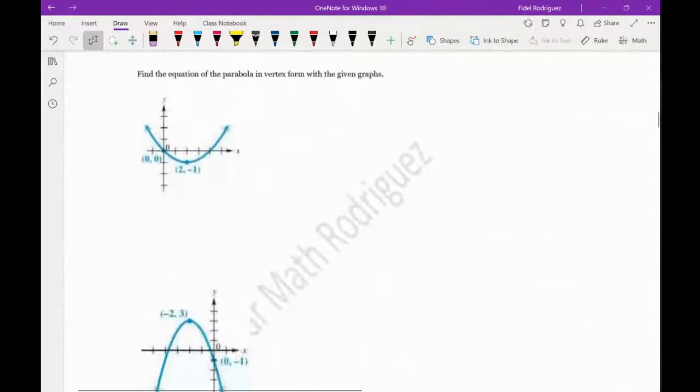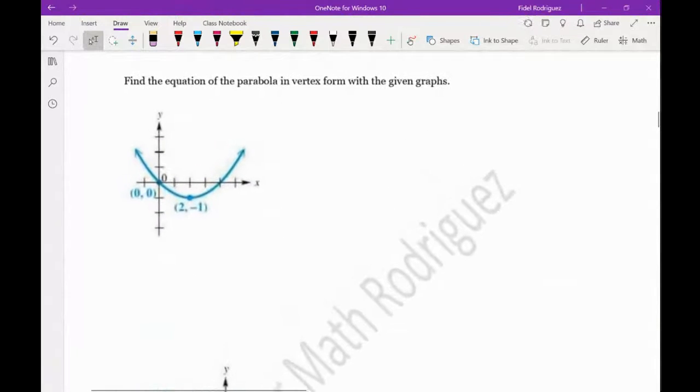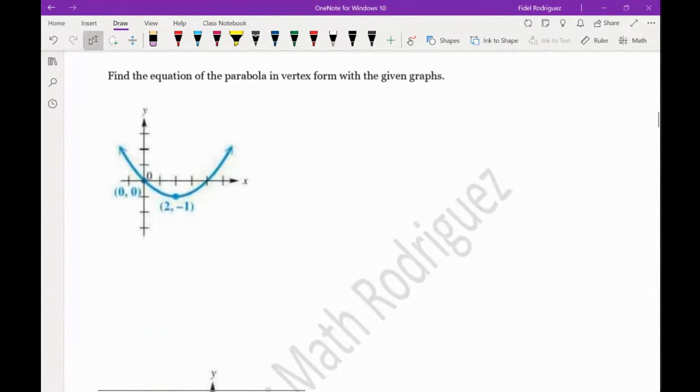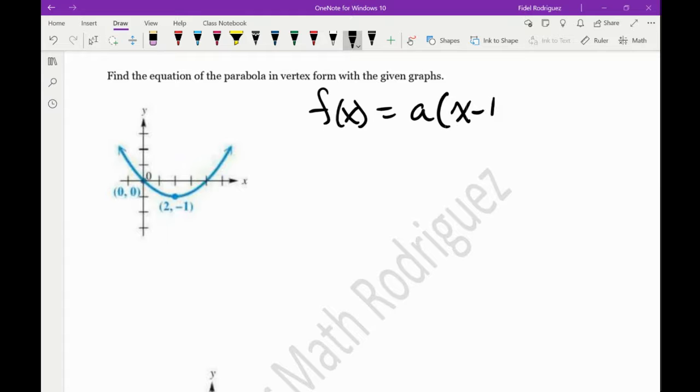Okay. So now, what we're going to do for these next couple of problems is find the equation of the graph, the equation of the parabola, just by looking at the picture. So the way we're going to do this, y'all, we're first going to write out the basic equation that looks like this.